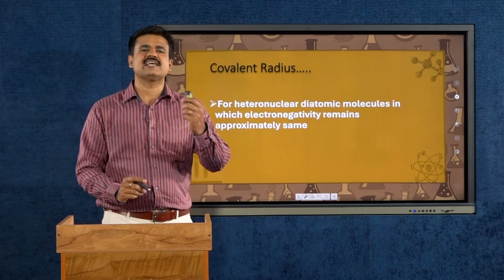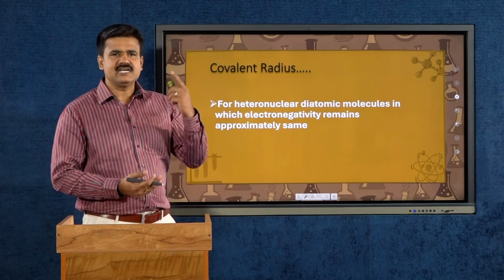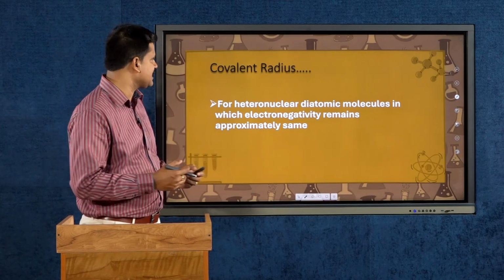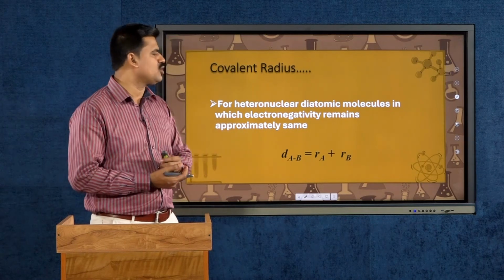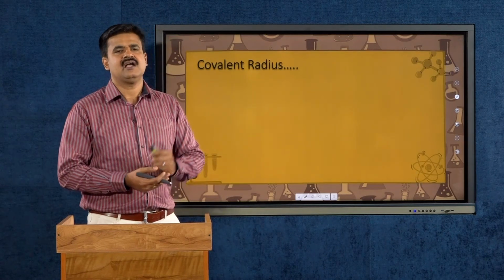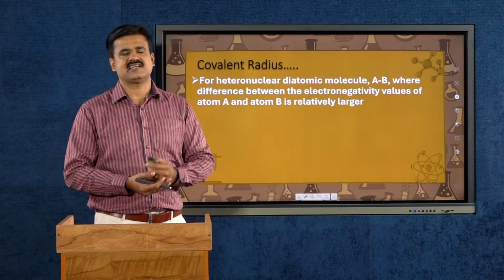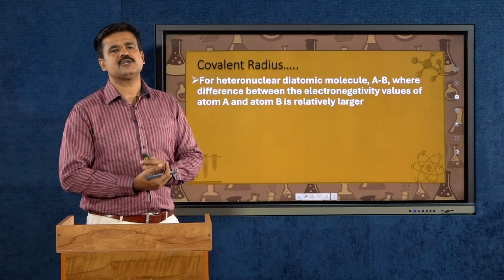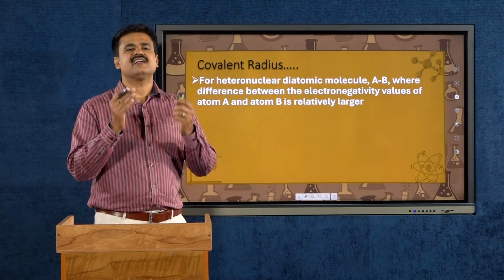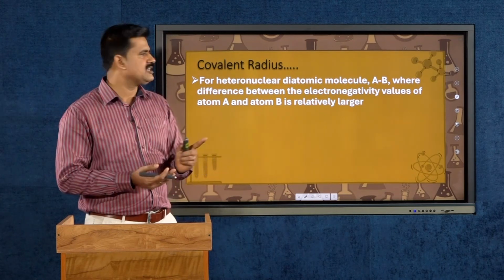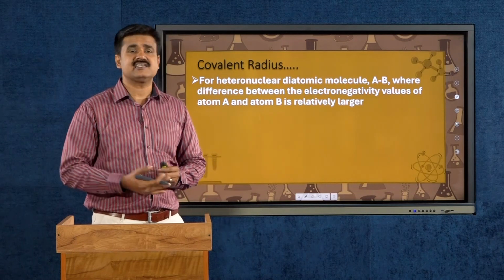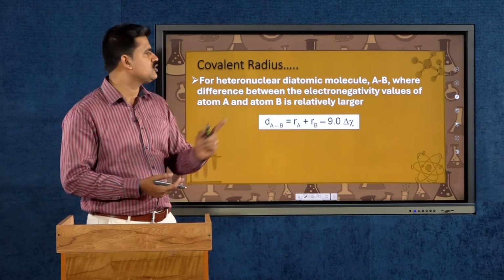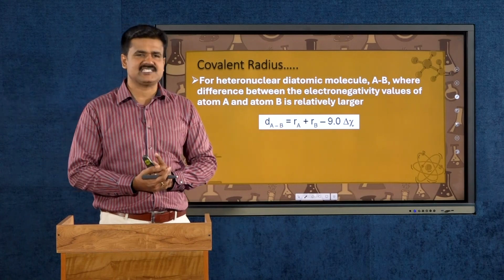For heteronuclear diatomic molecules in which electronegativity remains approximately same, we can calculate DAB equal to RA plus RB. There is another category for heteronuclear diatomic molecules AB, where the difference between electronegativity values of A and B is relatively larger. In that circumstance, we can calculate the covalent radius by using a special expression.